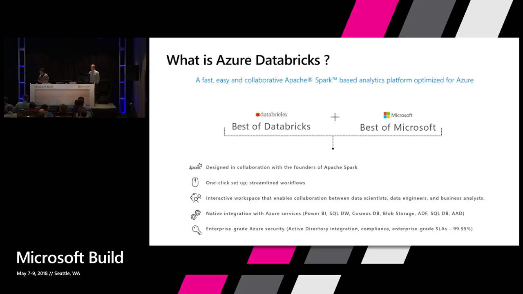One of the other challenges with open source frameworks, I love the open source frameworks, and Spark is very powerful. But as you get into enterprise grade use cases, one of the challenges is it doesn't integrate with security. So most of these frameworks come with Kerberos security, and most enterprises are using something like AAD, Azure Active Directory, or some sort of domain controller that works with Azure Active Directory.